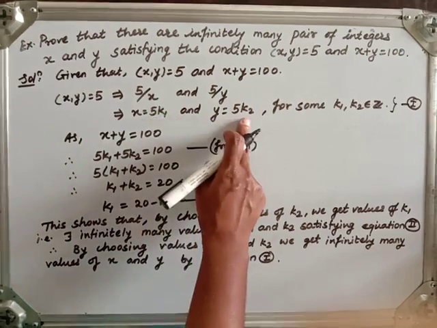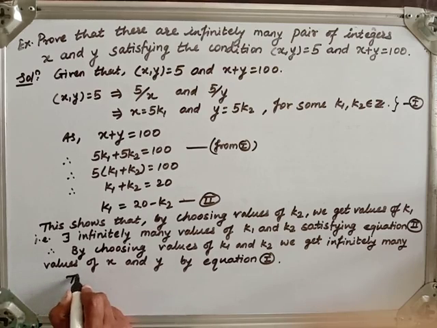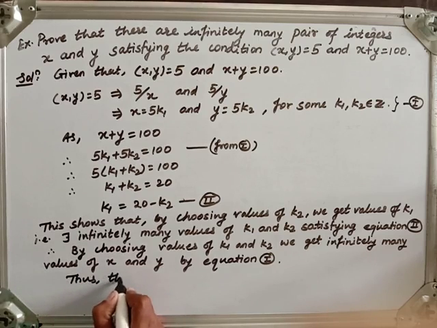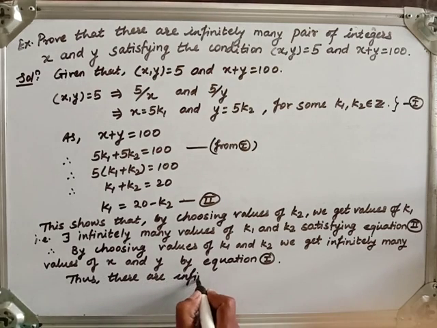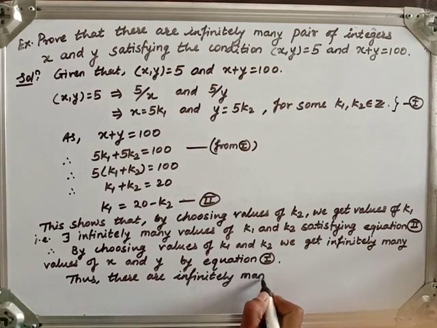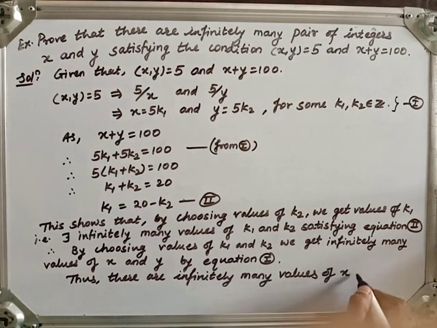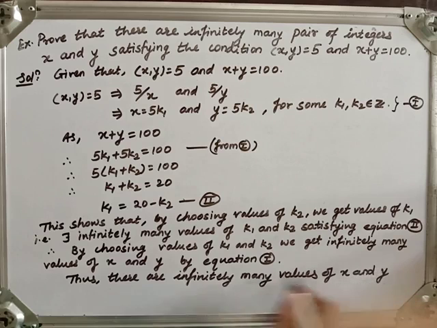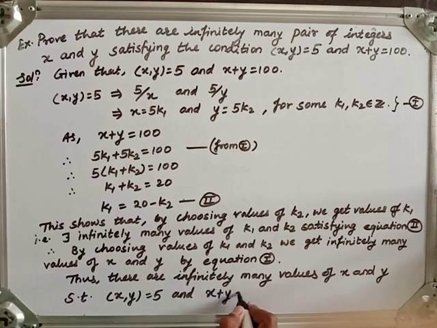While k1 and k2 are infinitely many, so x and y are also infinitely many. Thus there are infinitely many values of x and y such that the GCD of x and y is 5 and the addition of x and y is 100.